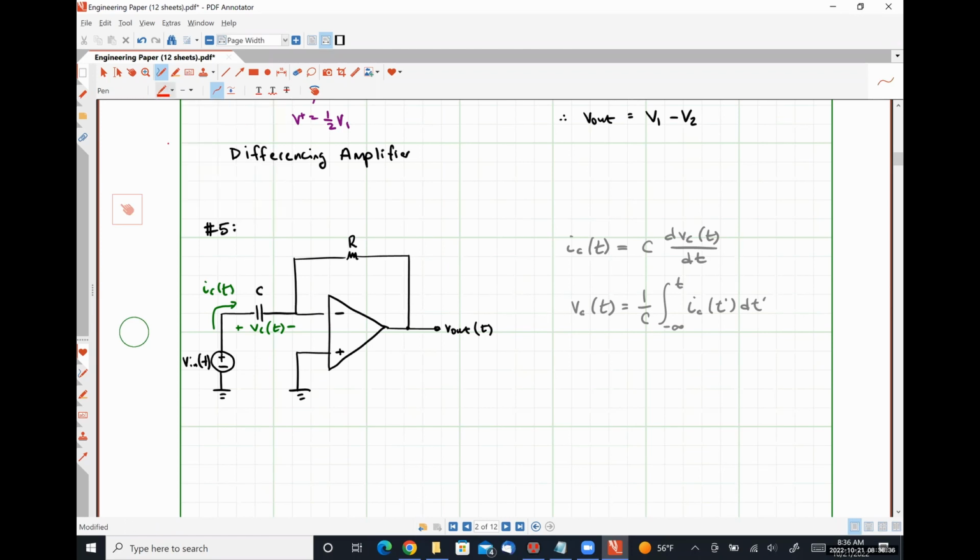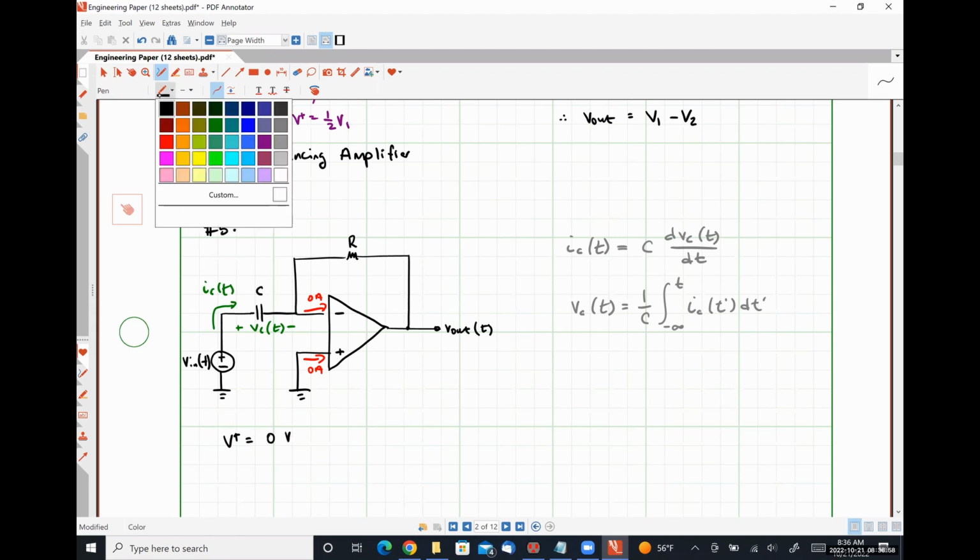So applying op-amp rule number 1, we know that there are 0 amps of current flowing into either of my input terminals, and I can observe by inspection that my voltage present at my non-inverting input node is simply 0 volts.